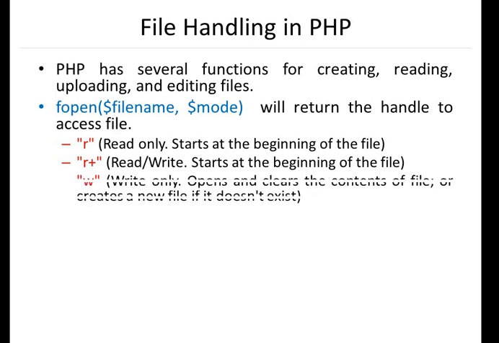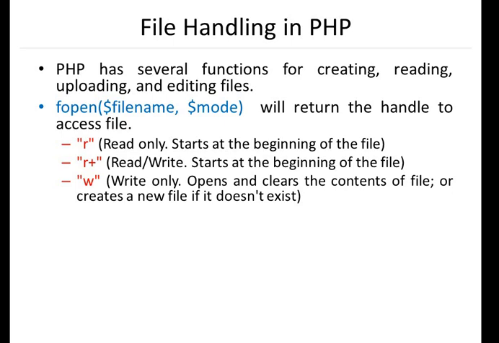After that, W means write only: open and clear the content of the file, or create a new file if it doesn't exist. This W mode is write only, so you can't read that particular file, you can just write content.